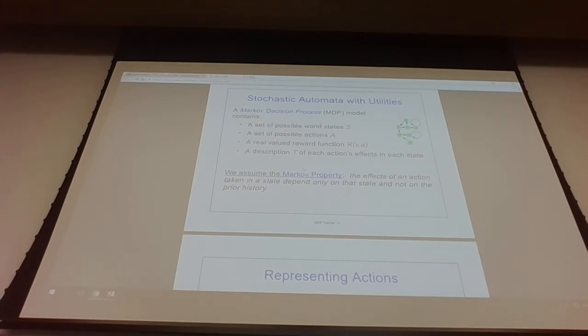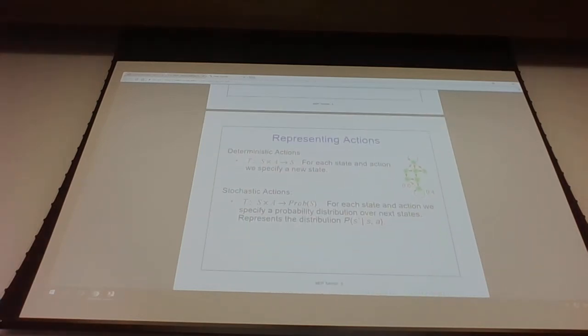Now, how do you represent actions? Actions are basically a mapping, which means it's a function. So T is basically a function. You take one state, one action, and then you get an output as another state. So it takes two inputs and gives one output, the state.